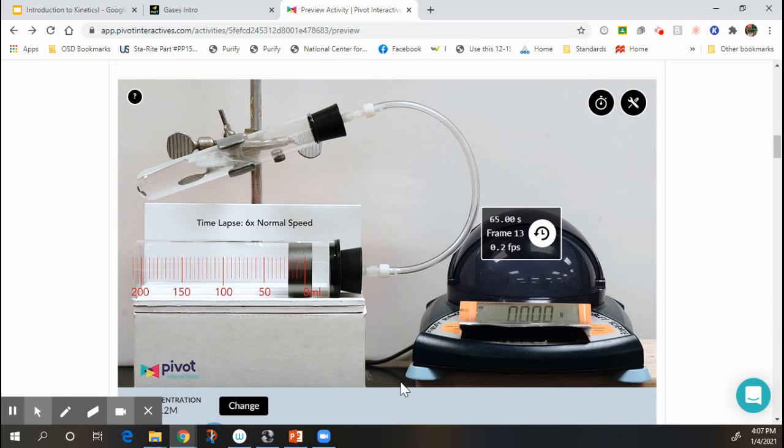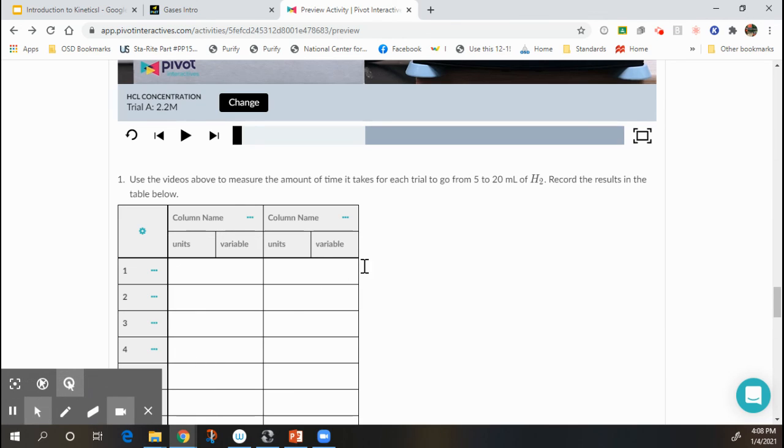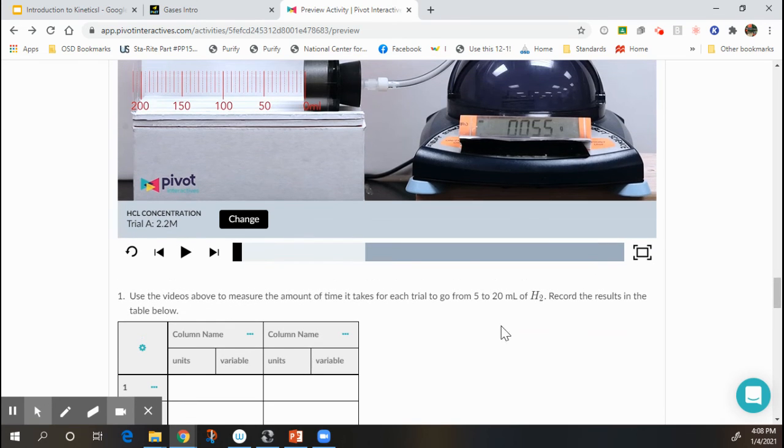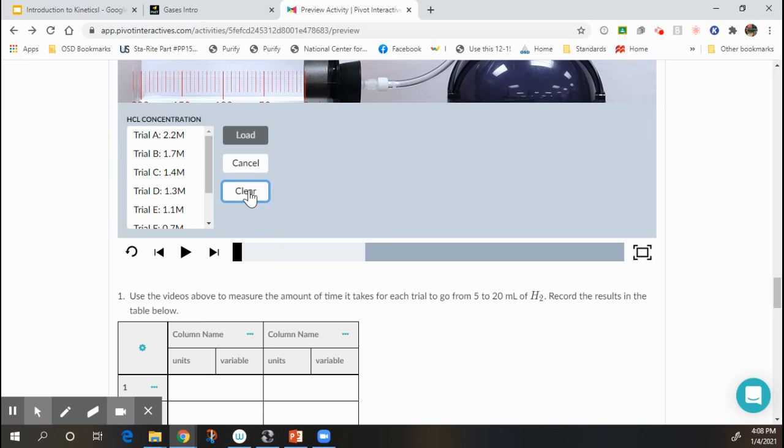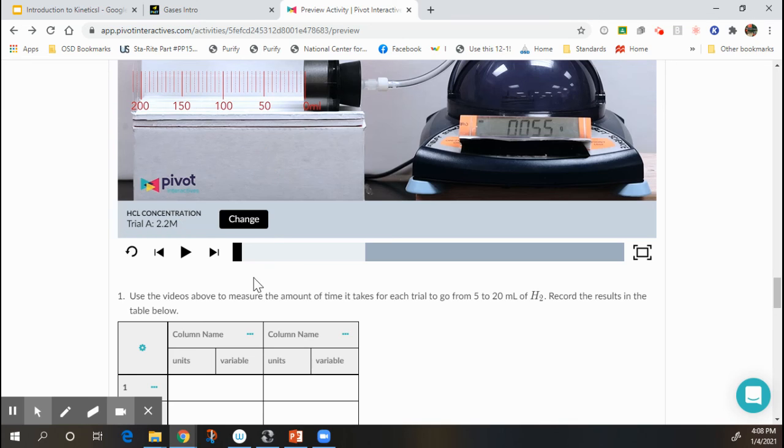You're going to collect some data. You're going to manipulate the different concentrations of hydrochloric acid, and you're going to compare those to how long it takes to go from 5 to 20 milliliters within the syringe.